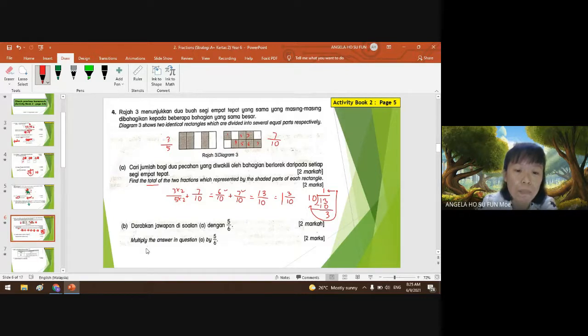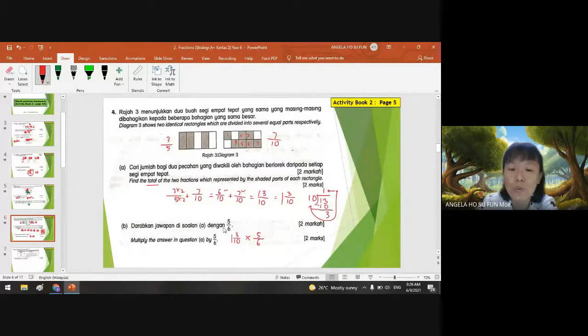Right, B. The question asks you to multiply the answer in question A by 5 over 6. So they ask you to multiply. So what I'm going to do is write down 1 and 3 over 10, the answer from A, multiplied by 5 over 6.